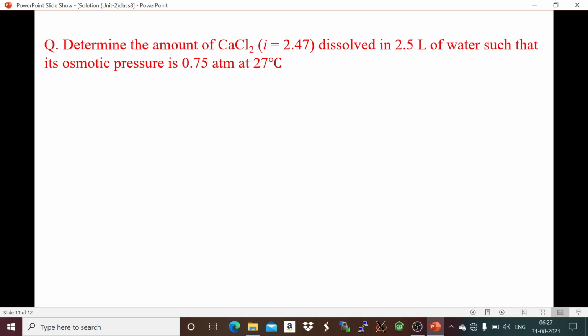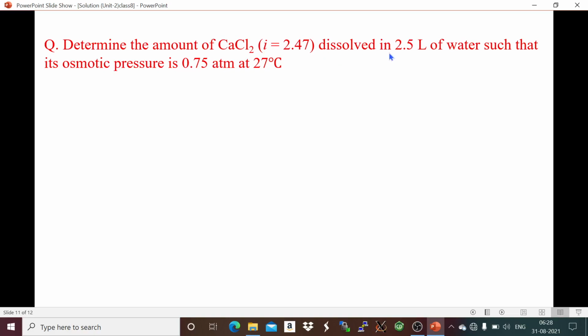Okay, so next one, here calcium chloride. Determine the mass of calcium chloride, WB, the mass of solute, you have to calculate. The i value is given here, mentioned as 2.47, so we have to put 2.47, not 3, because calcium chloride dissociates to give 1 calcium and 2 chloride, no? But the i value is given here.